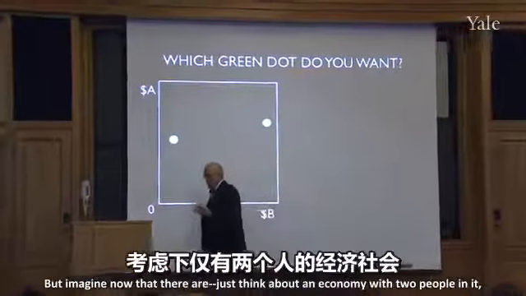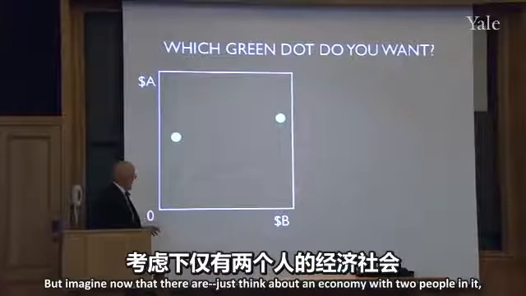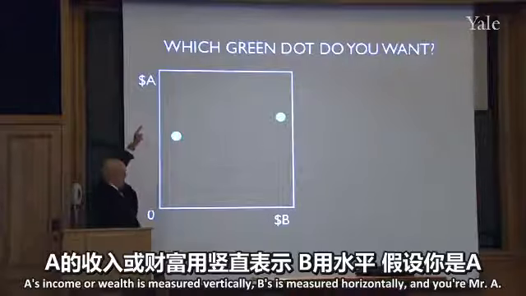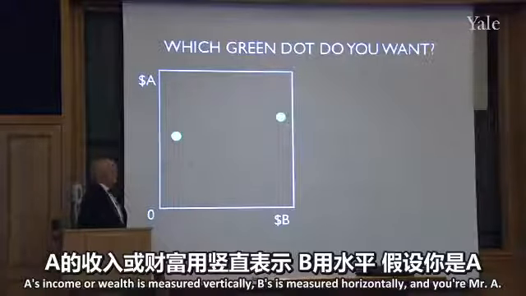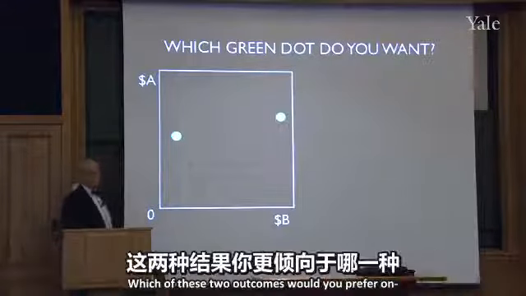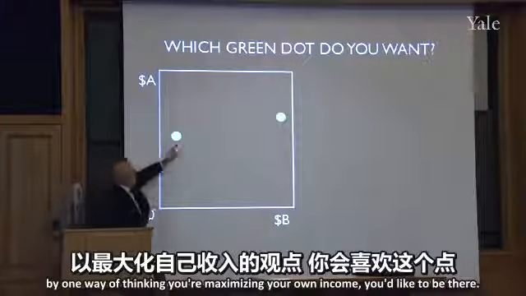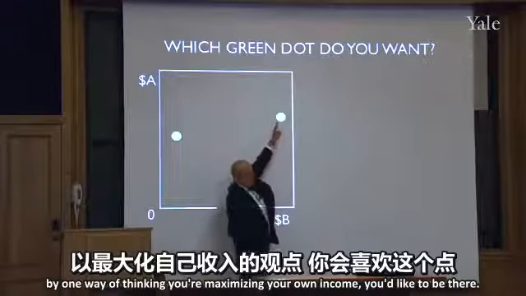But now just think about an economy with 2 people in it. A's income or wealth is measured vertically, B's is measured horizontally. And you're Mr. A. Which of these two outcomes would you prefer? By one way of thinking, if you're maximizing your own income, you'd like to be there.